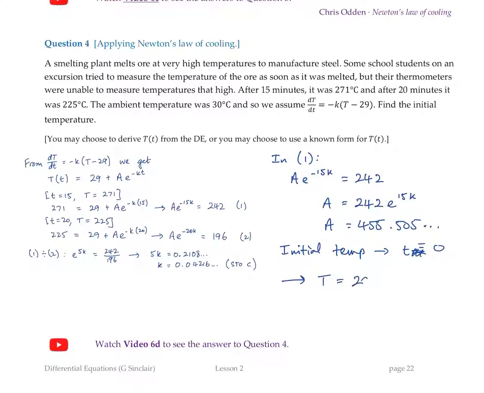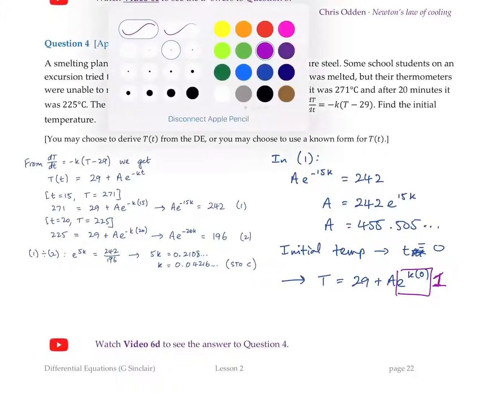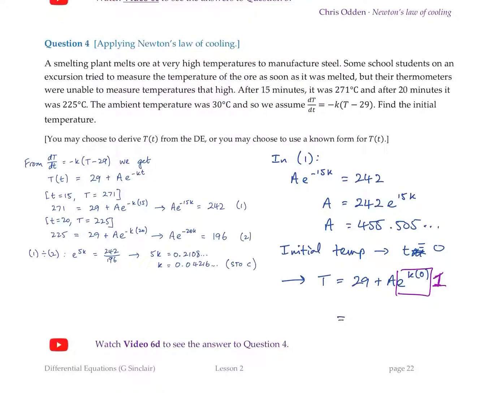T equals 29 plus A e to the k lots of 0. Okay. All of that is 1. So it's just 29 plus A. And so that is approximately 484.5 degrees Celsius. There you go.